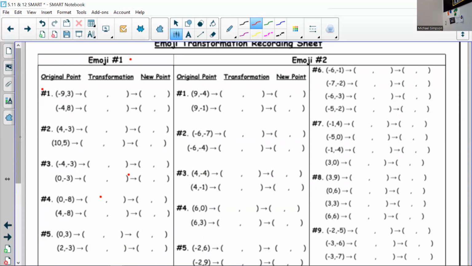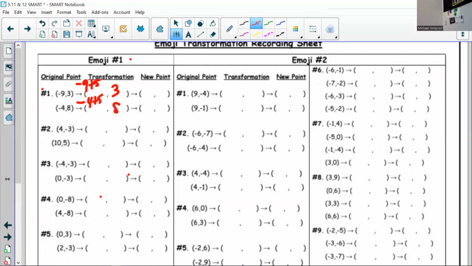Because we're shifting right 5 units, I'm just going to add 5 to the x coordinates. The first point is -9,3, so I'm going to have -9 plus 5. The y coordinate 3 still stays the same. I'm not going to mess with that because the image is not going up or down. The next point is -4,8, and so I'm going to add 5 to the -4.